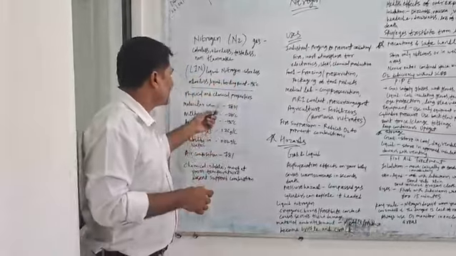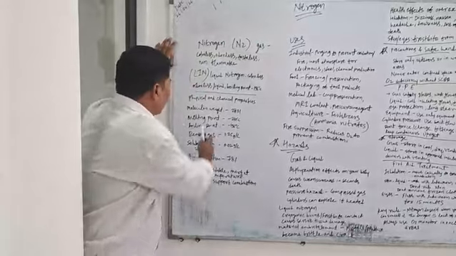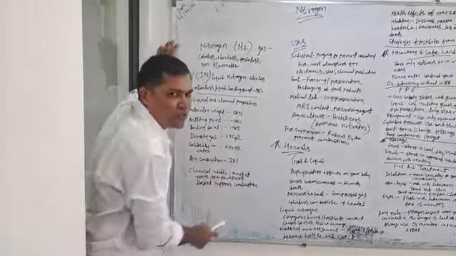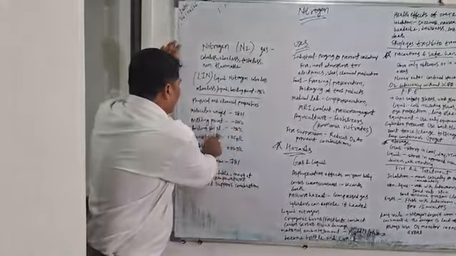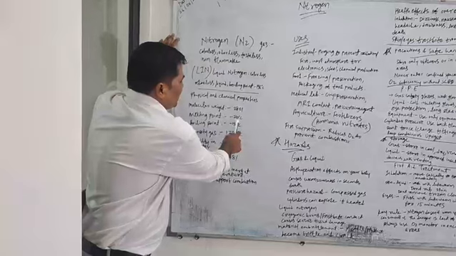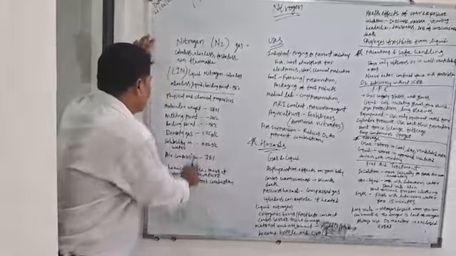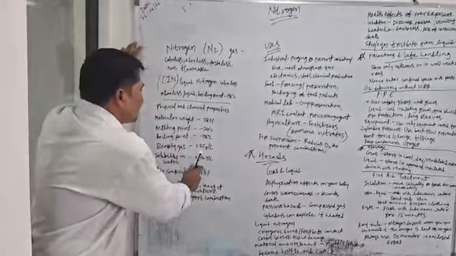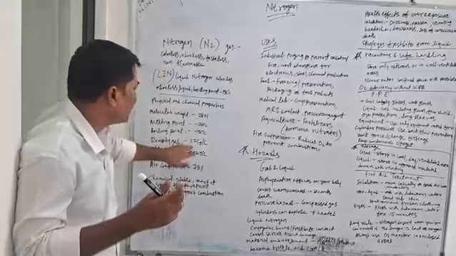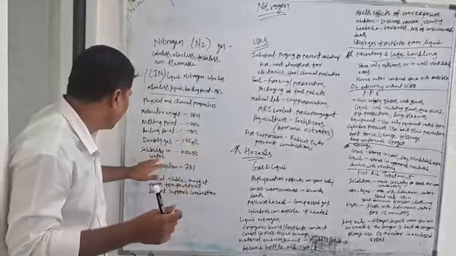Physical and chemical properties. The molecular weight of nitrogen is 28.01. The melting point is minus 210 degrees Celsius. The boiling point is minus 196 degrees Celsius. The density of the gas is 1.25 grams per liter.